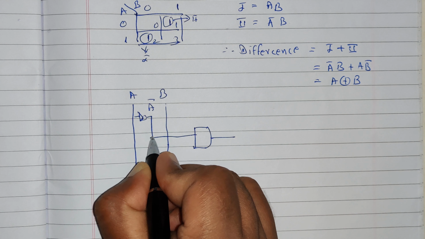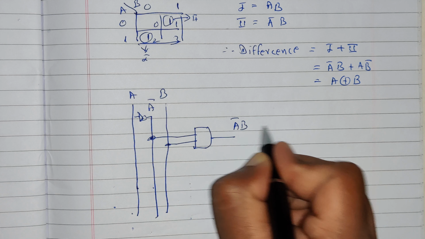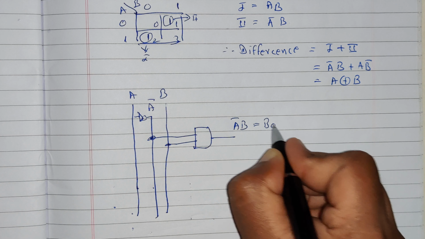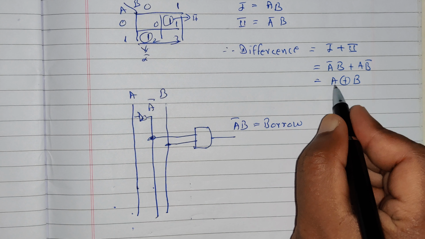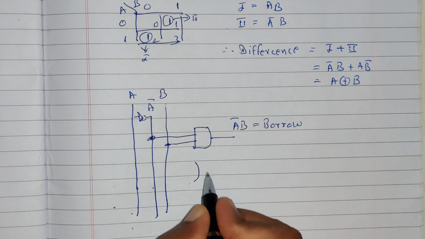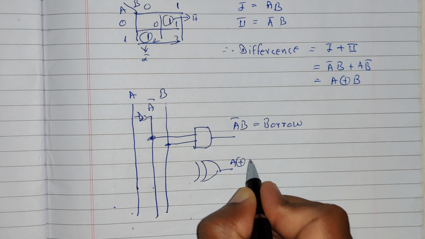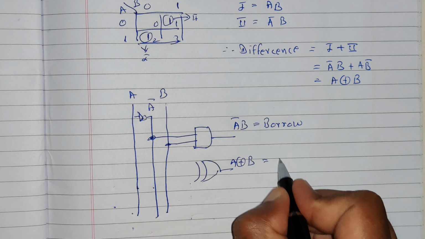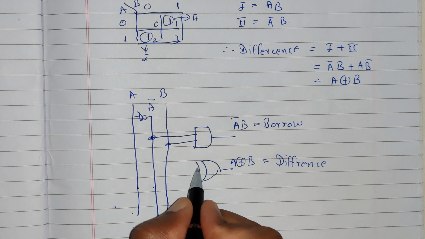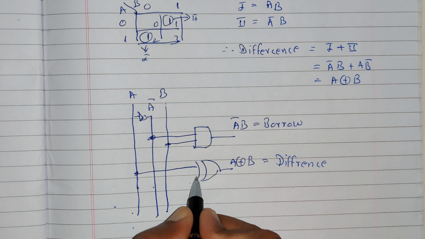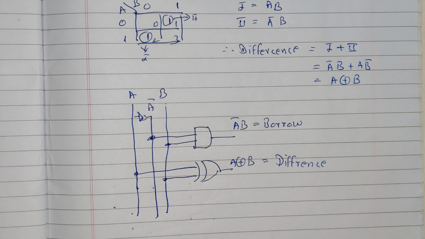So A bar and B are the inputs, so the output will become A bar into B, which is borrow. Now for difference we need A XOR B, so we will use an XOR gate, A XOR B, which is difference. Therefore we will join A and B. Now this circuit diagram is called a half subtractor.